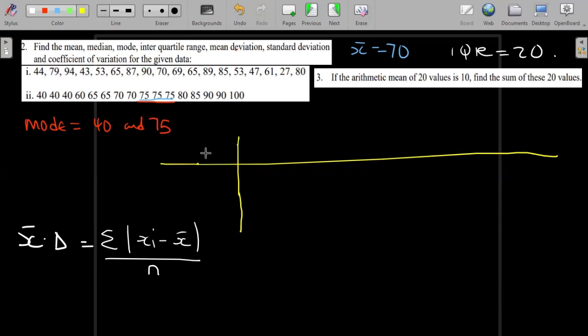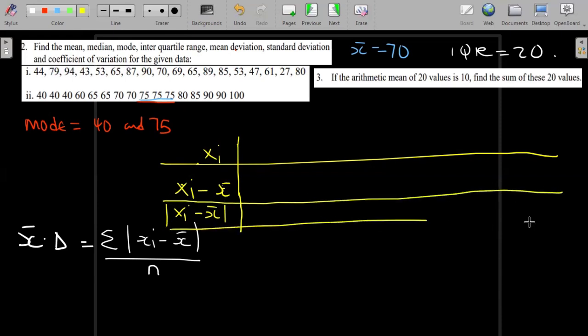Let me put the xi there, and then here I'm going to put xi minus the mean, and then down, I'm going to put xi minus the mean in modulus like that. So this is the table that I'm going to draw up.